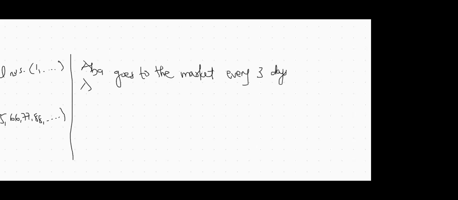Then Abby goes to the market every 5 days. So Abba goes to the market every 3 days. Abby goes to the market every 5 days.